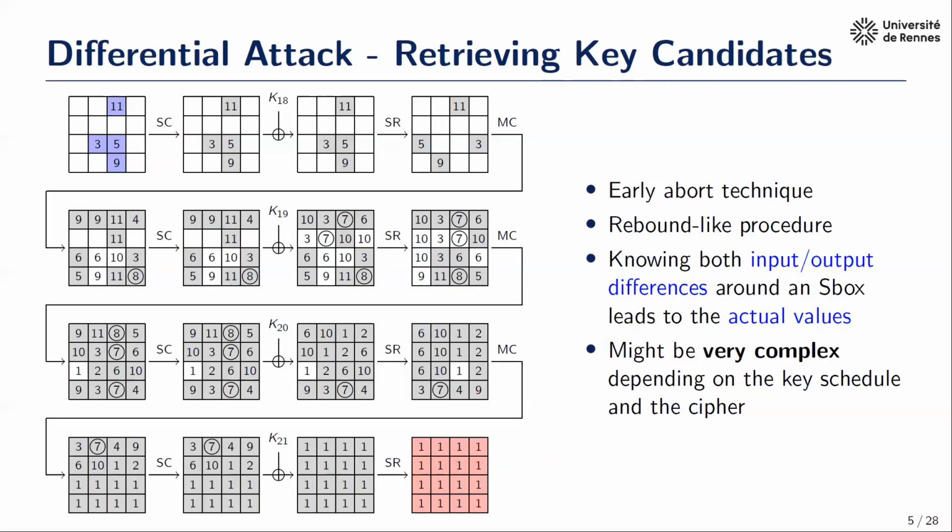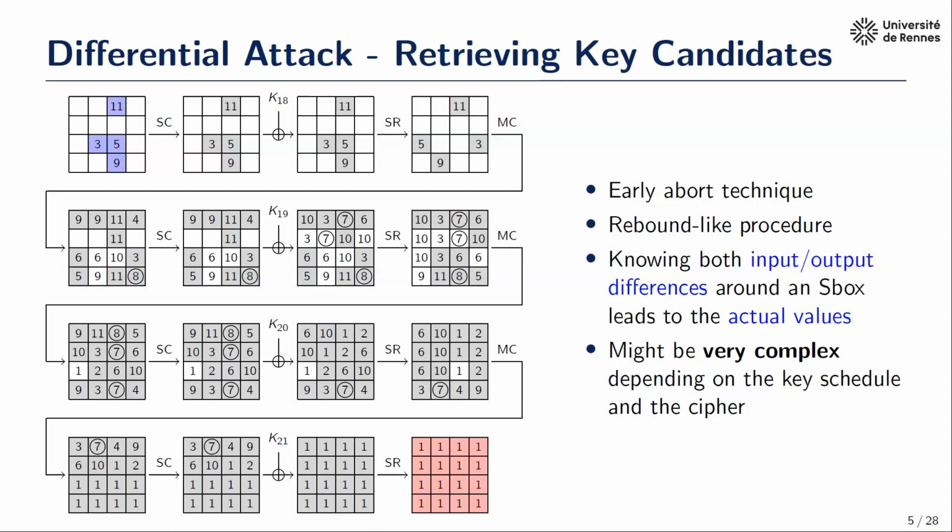This part is not trivial, and it is usually done by applying a ribbon-like procedure in which we propagate the differences from both sides, and we rely a lot on the fact that if we know the input and output differences of an S-box, we can compute the possible values of this S-box.